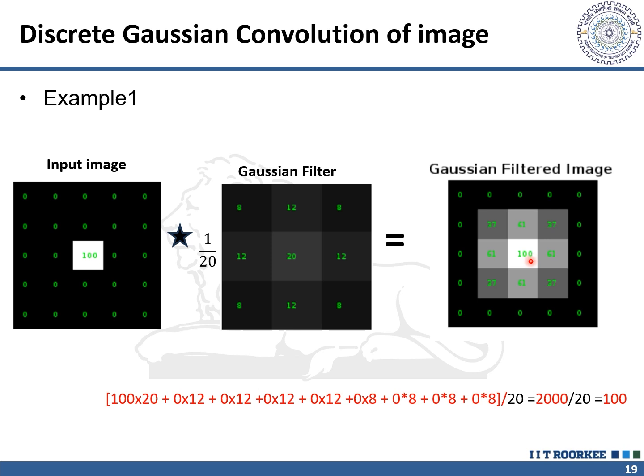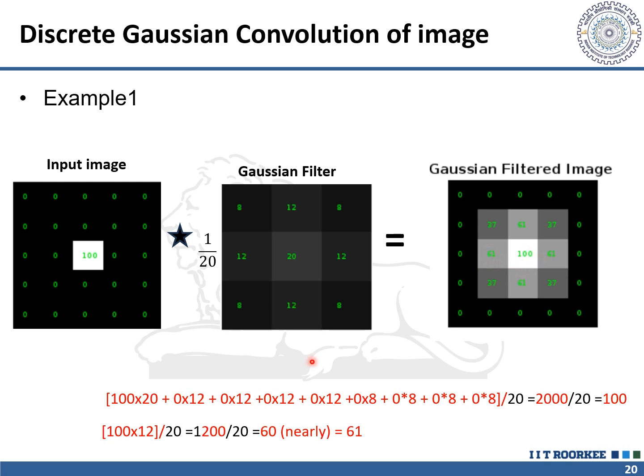Suppose you want to get the value of this pixel. What we will do is superimpose the Gaussian filter and match the center of the Gaussian filter with this point. Why this point? Because we want to find this value, not the center value.